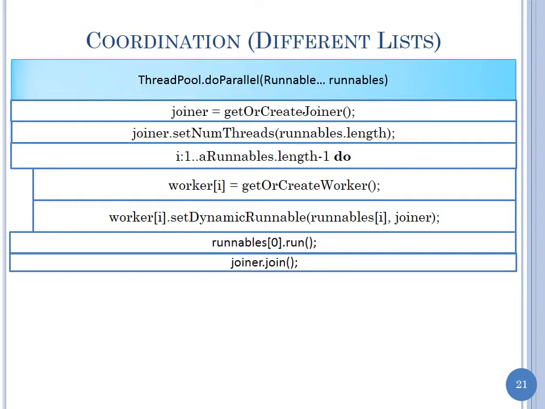What should I do with the joiner object and the thread pool workers? What's the opposite of get or create joiner or get or create worker?